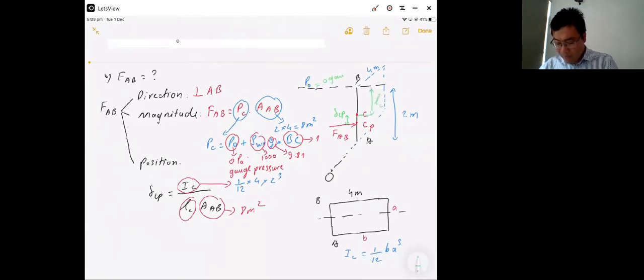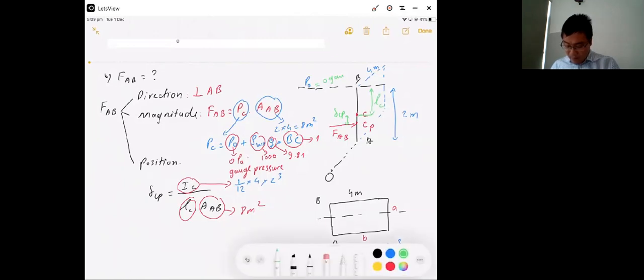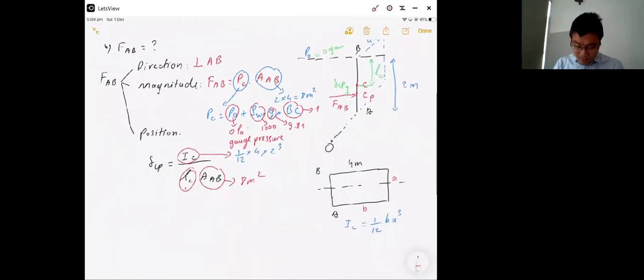So LC in this case is vertical. Just only in this case, LC is vertical because AB is vertical. So LC here will be 1 meter.